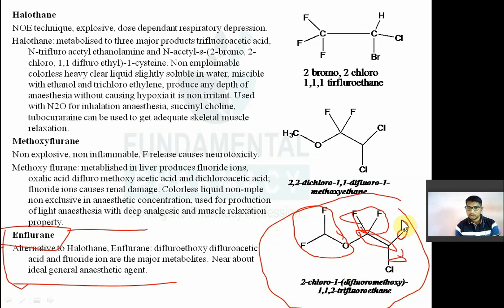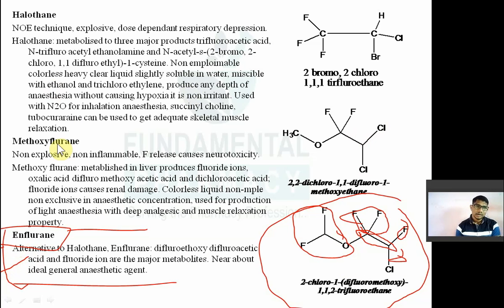So 1,1,2 trifluoroethane. So 2-chloro 1 into difluoromethoxy 1,1,2 trifluoroethane, that is nothing but the enflurane. Remember, try to remember which one is the ideal one. So enflurane is known as an ideal anesthetic agent.